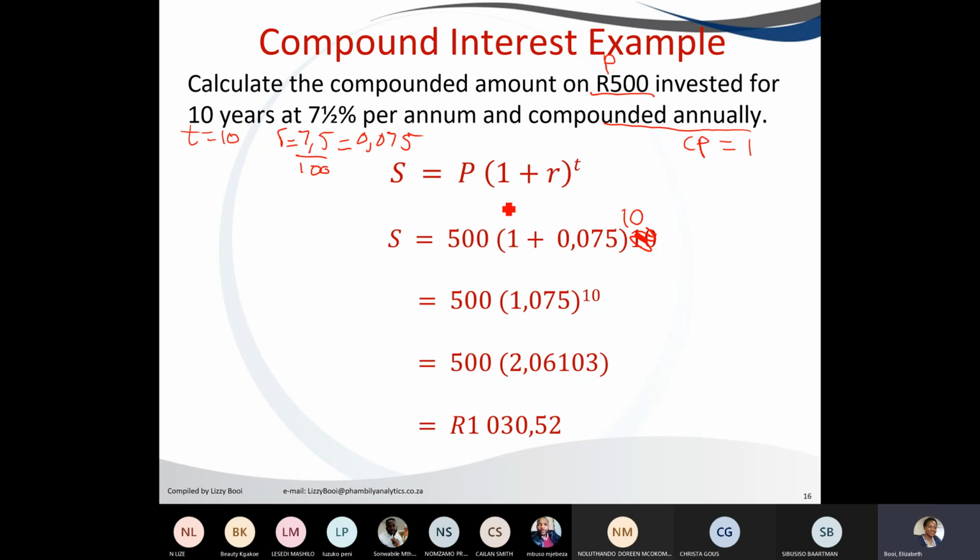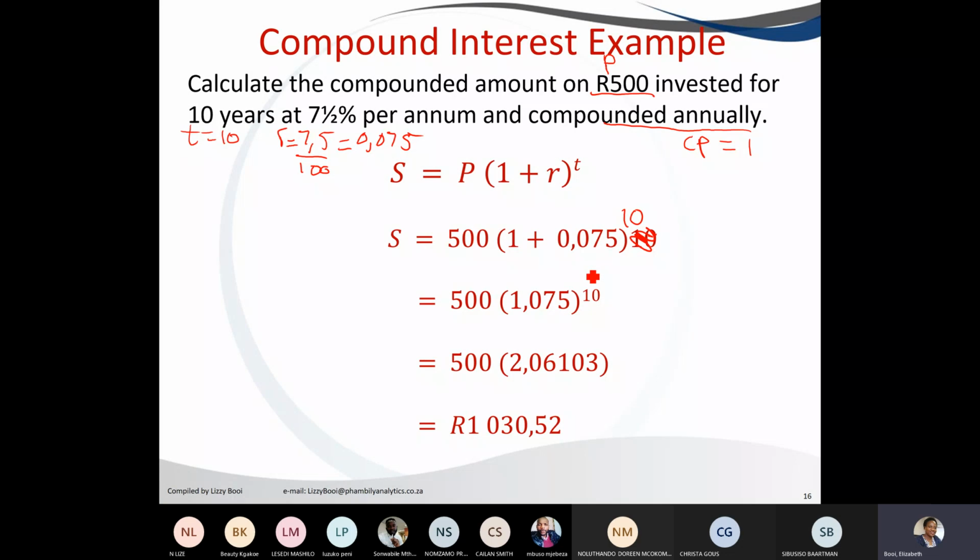Let's say they say calculate the period, which is T. T is in the power. You need to know how to get T to be the subject of the formula. Therefore, you need to make sure that you bring down T from being the power to being the subject of the formula.